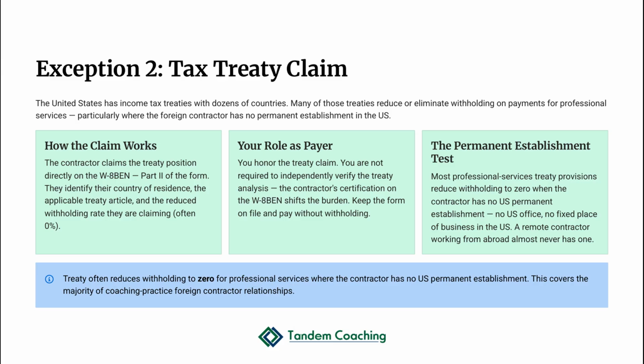The contractor claims the treaty position directly on the W-8BEN, including the treaty article number on the form. You honor the claim at payment. The treaty position is the contractor's representation. Honoring it correctly is your obligation as the withholding agent.